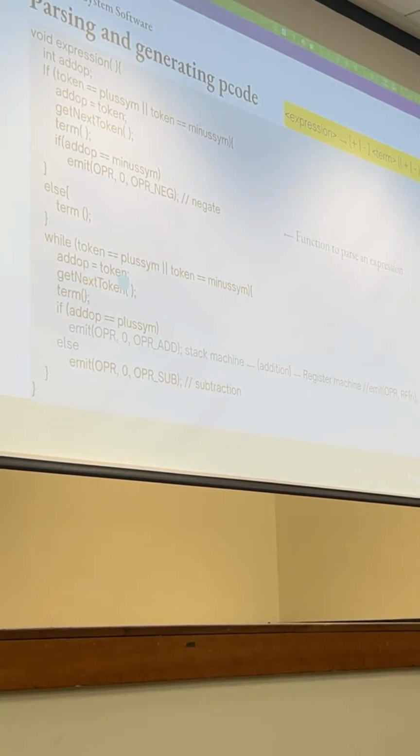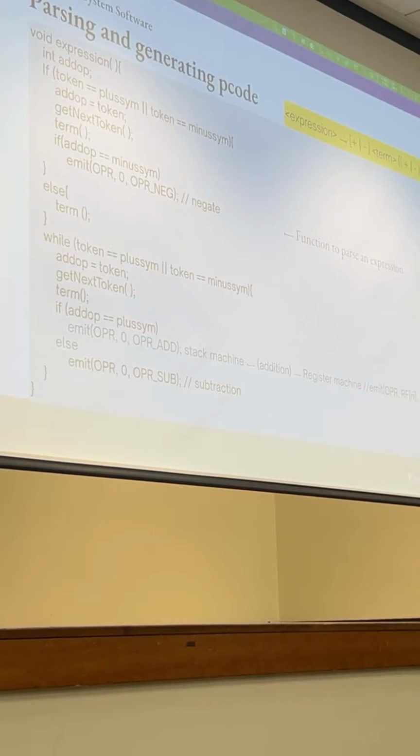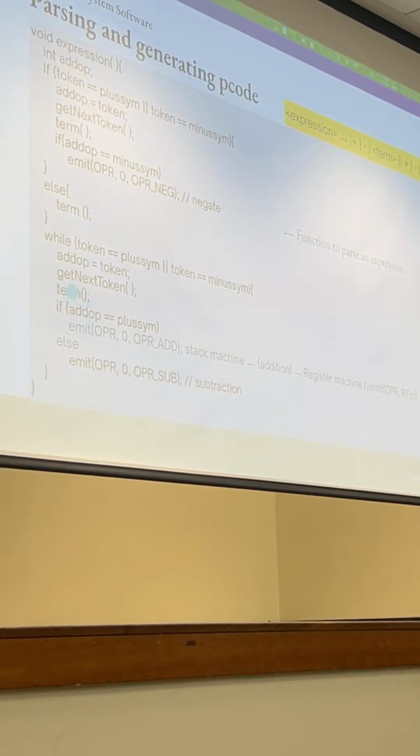Save the current token, and grab the next token. Once we grab the next token, we invoke the term. Okay, term. When we come back from term, we don't care what the term has done. This is not our business. Here we only consider the expression instruction generation. And once we come back from the term, we are just checking what this token is. If it is the plus symbol, we emit the operator for the plus instruction.